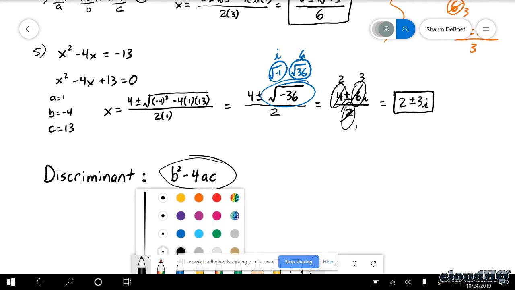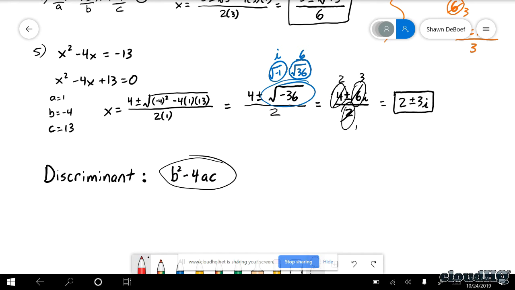For example, look back at the last problem I just did. What did my discriminant end up being? Negative 36. Because it was a negative, what type of answer or answers did I have? Imaginary, or more specifically complex numbers.